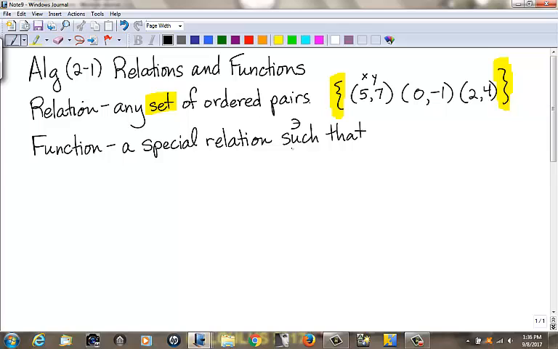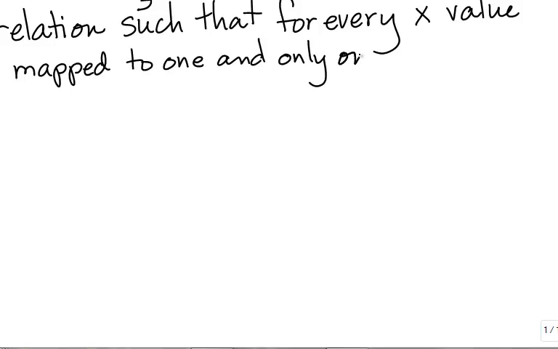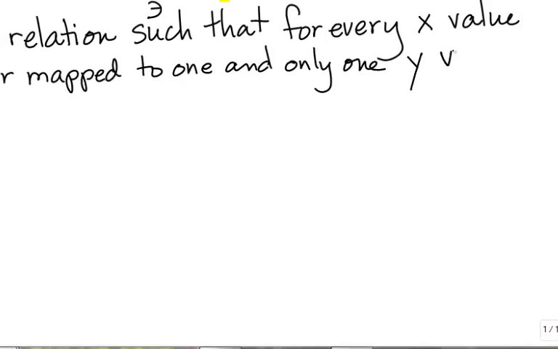So a function is a special relation such that for every x value, it is paired or mapped to one and only one y value.